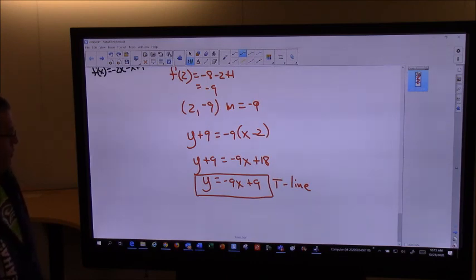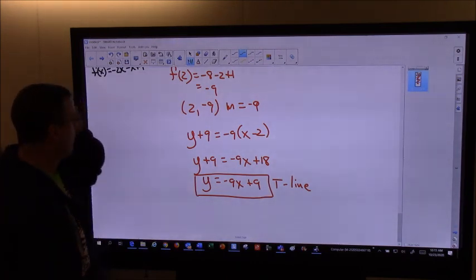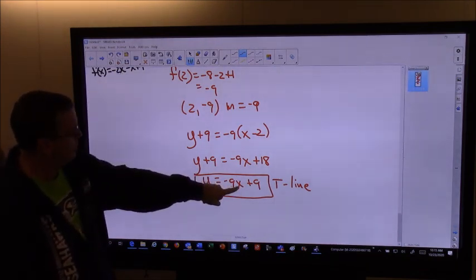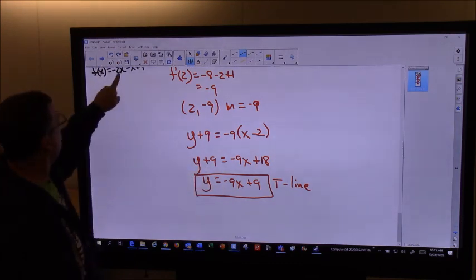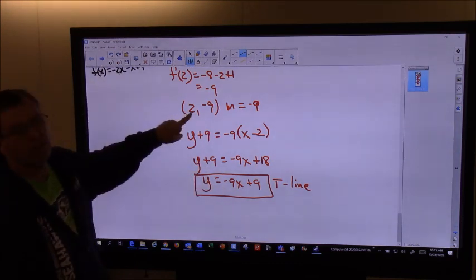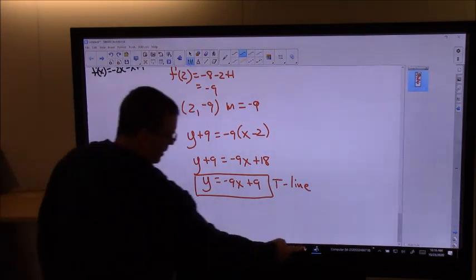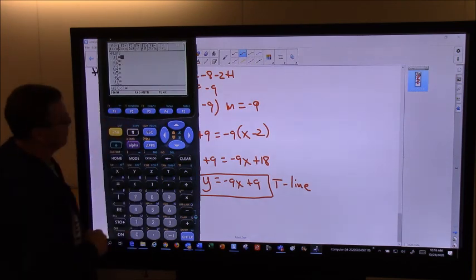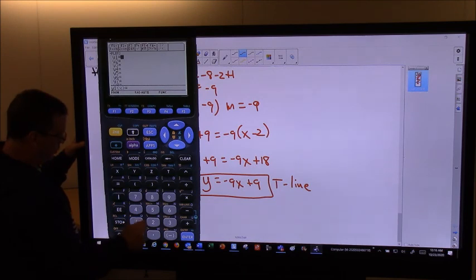Okay, so now what I want to do is I just want to double check my work and see if everything looks right. So I'm going to graph the original equation and the tangent line. And what I want to see is that this tangent line comes by and nicks this curve at x equals 2. All right? So let's grab my calculator. All right, so I got everything cleared off. I'll go ahead and type in the original function first.